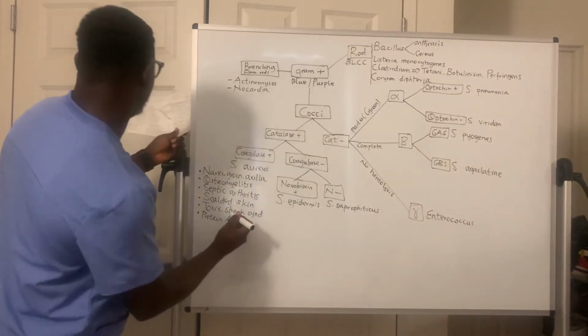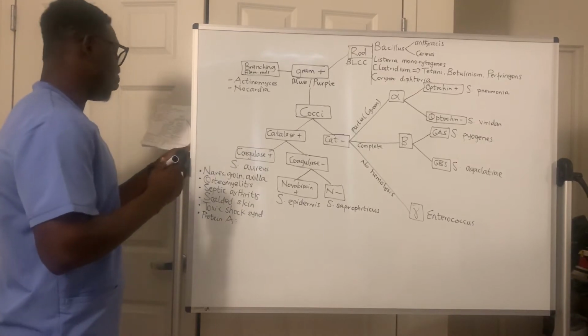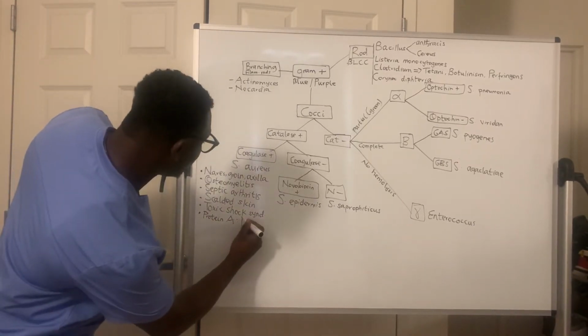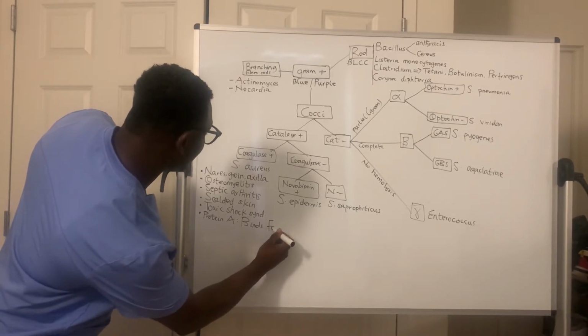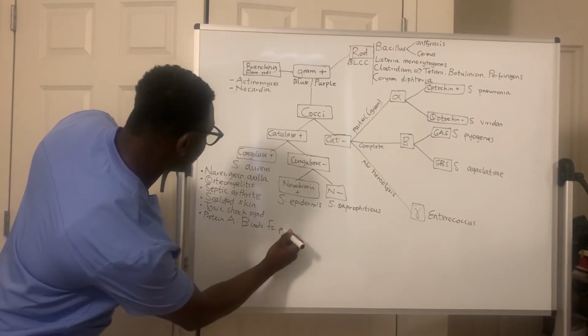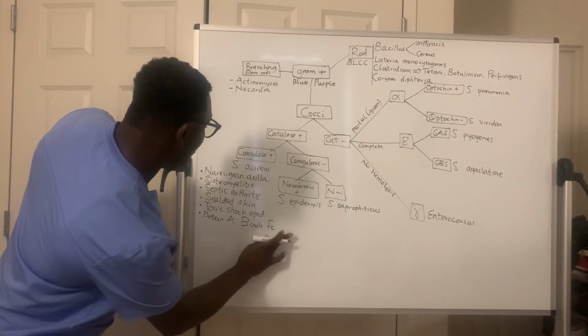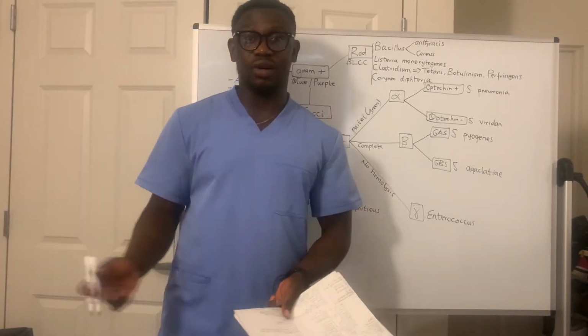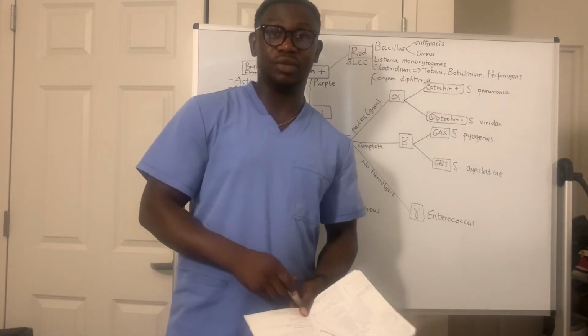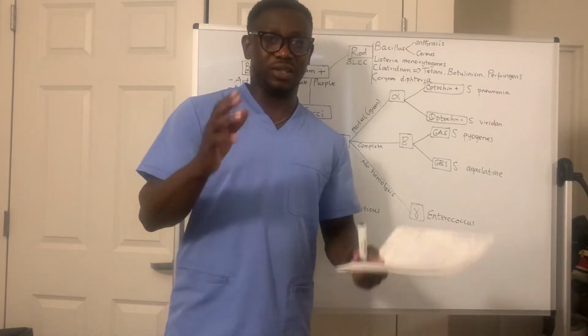What does protein A do to the body? Protein A binds the Fc portion. When we start talking about immunology, we're going to talk about the antibody.